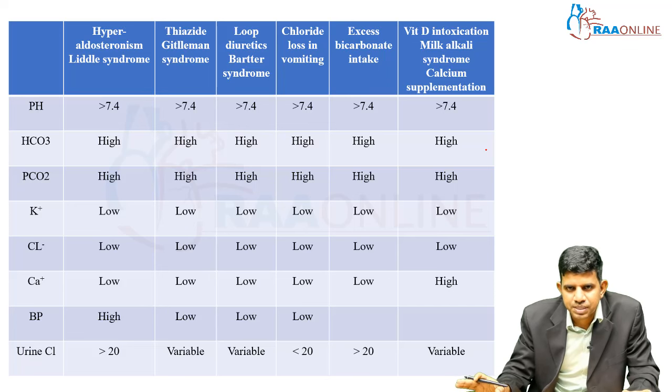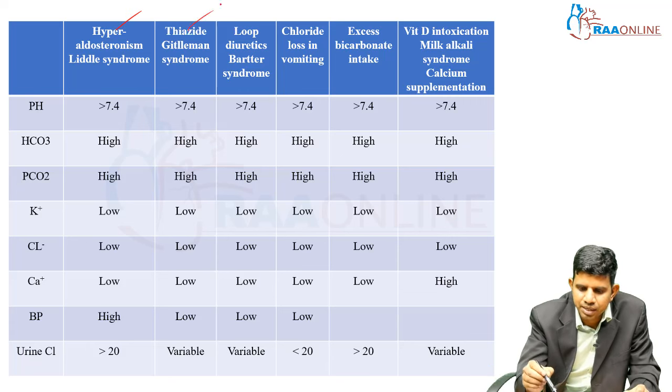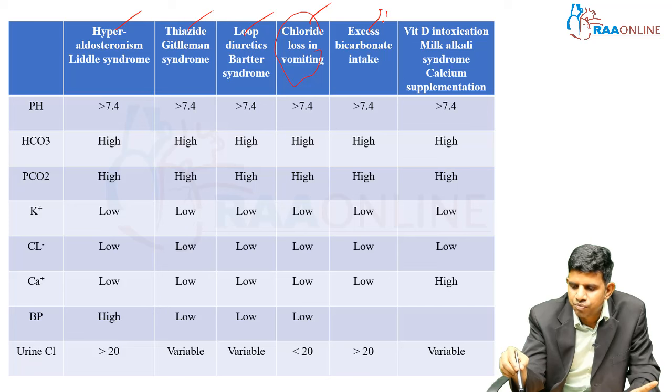Based on that we can differentiate. One is a hyperaldosteronism condition, one is thiazide or loop diuretics, and one is GI loss causing metabolic alkalosis. There is exogenous bicarbonate intake. The fourth is hypercalcemia related to calcium supplementation, milk alkali syndrome, or vitamin intake.